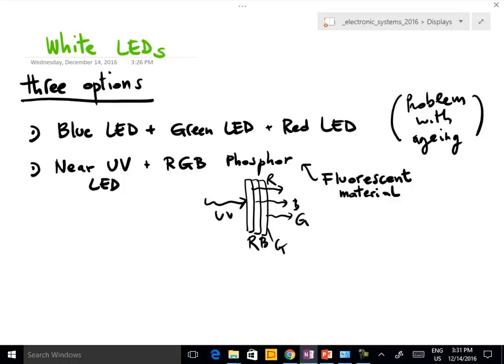Okay. That is pretty common, and actually is the type of technology that is used in the fluorescent lights. The neon lights are fluorescent light because we have the discharge of the neon, which is in the range of UV light, and then there is the white coating of the lamp, which absorbs the UV light and then emits light in the red, in the green, and in the blue with the proper combination to give an almost white light.